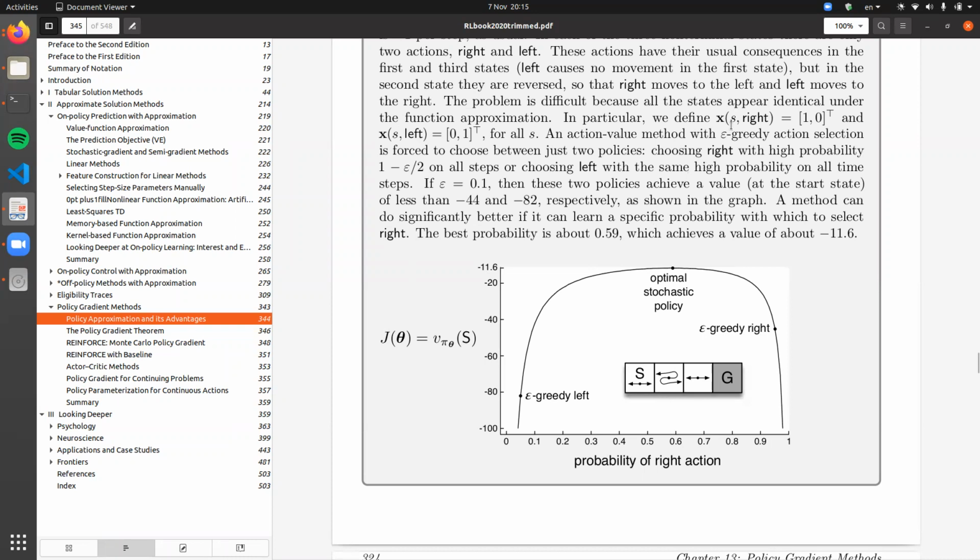We have this particular assumption that all the states have the same representation here. So we will have a feature vector 1, 0 for the right action and 0, 1 for the left action for all states. So for our learning agent, these states are effectively indistinguishable.